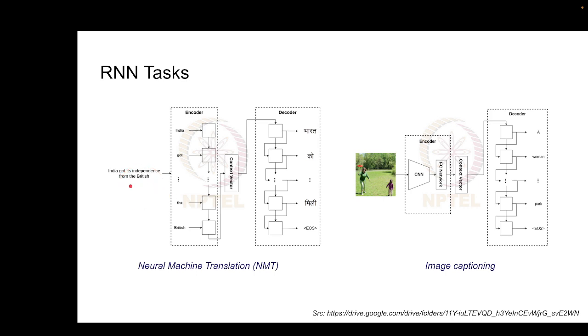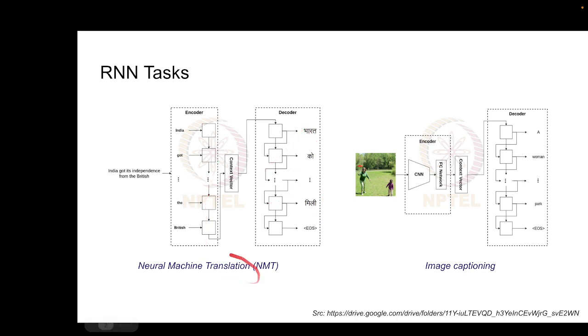That's the input sentence, and you want to translate it into some other language like German, French, or Indian languages like Hindi, Bengali and so on. Bharat ko British se azadi mili would be the decoded sentence, right?